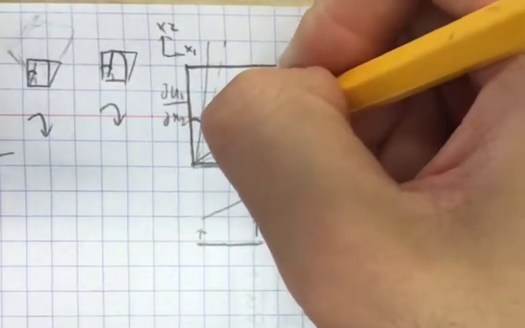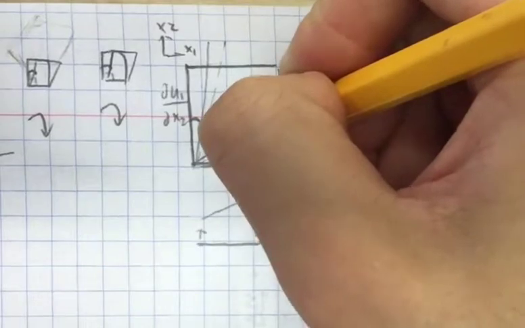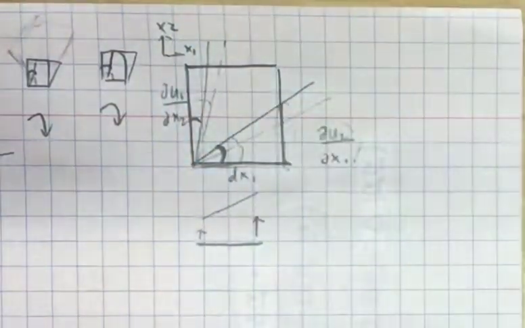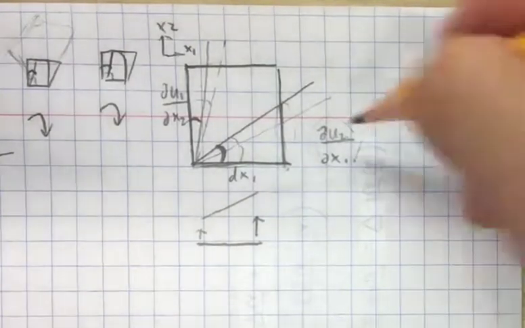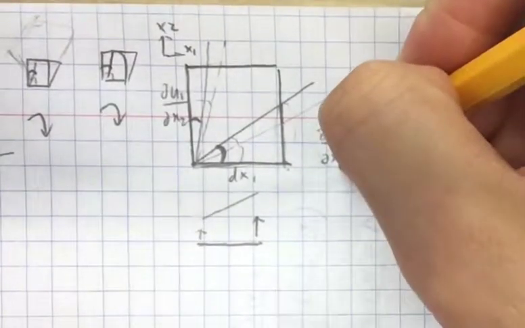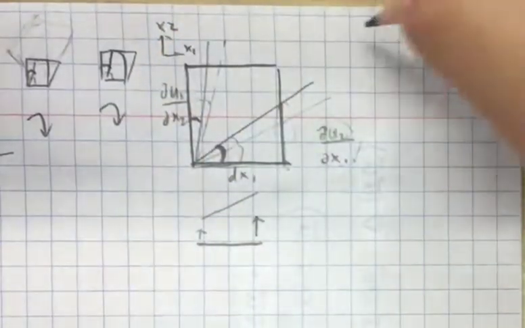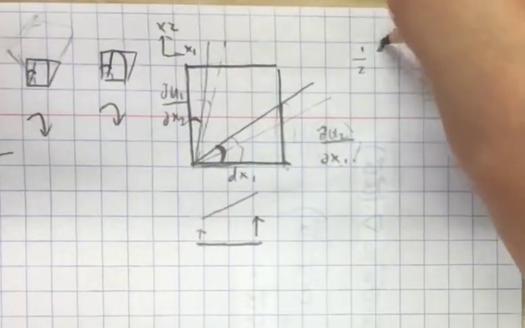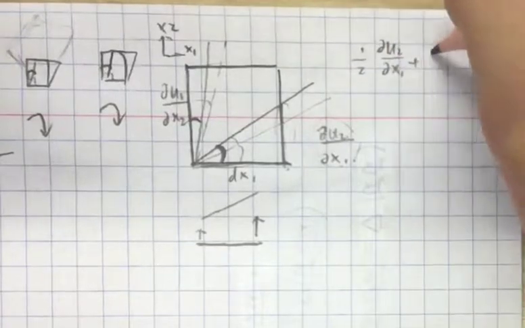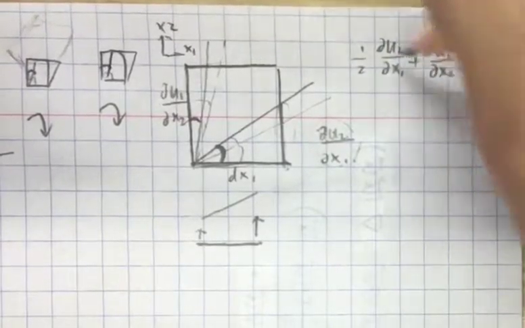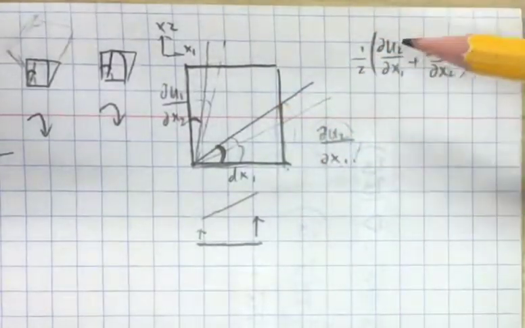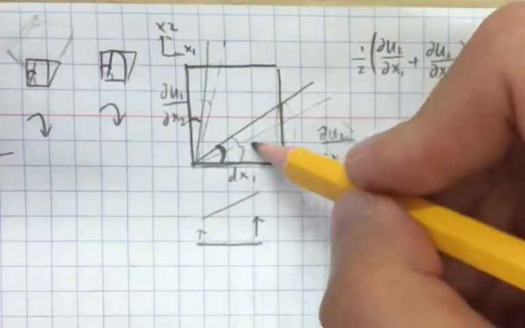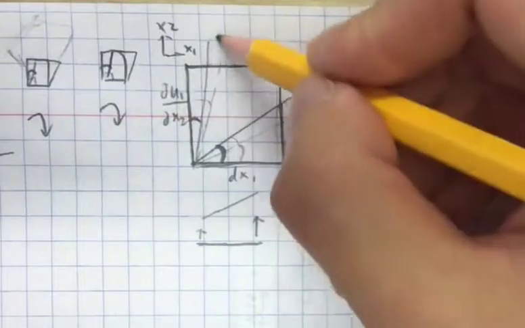So we make both angles, this angle and this angle, to be what? Half of alpha plus beta, which is half of du2/dx1 plus du1/dx2. This is this angle, which has the same value on this side and on this side.